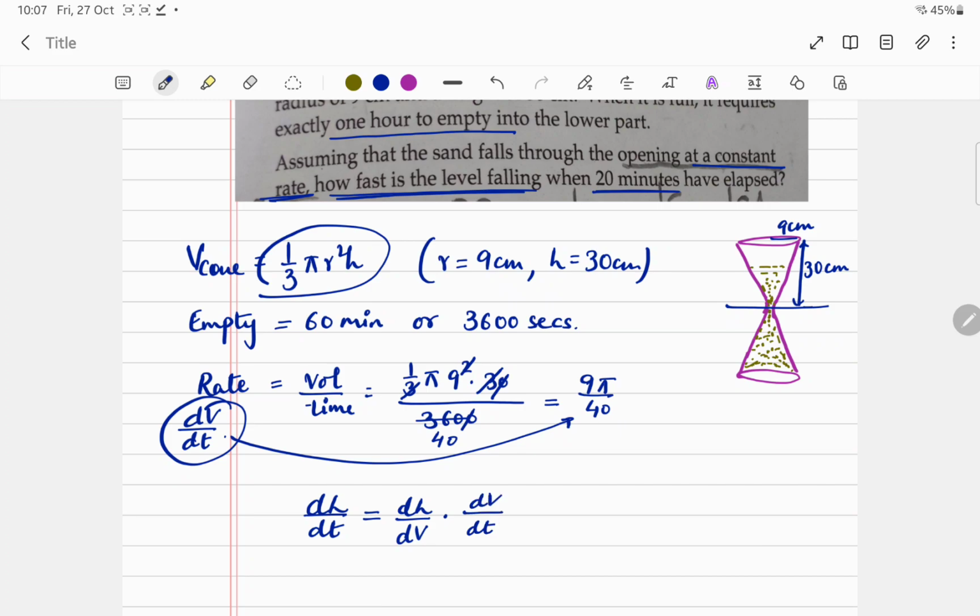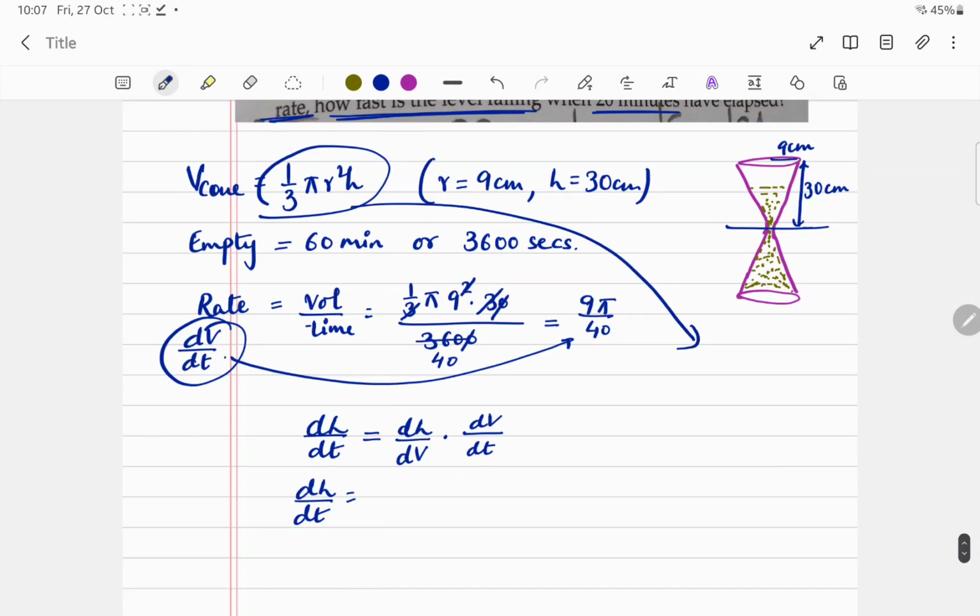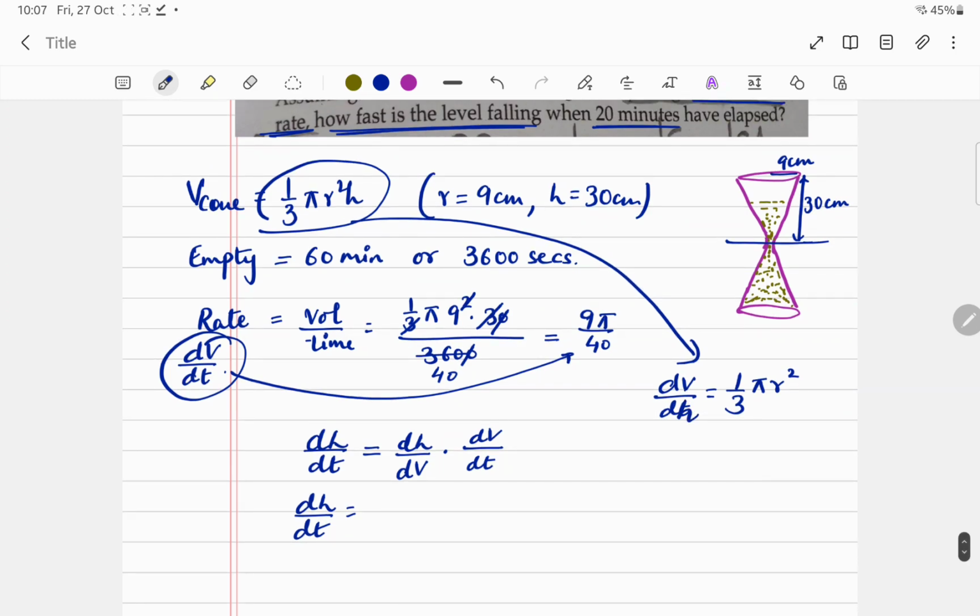Now let's differentiate this. dV over dh is 1/3 pi r squared, because differentiating with respect to h gives 1. So dh over dV is equal to 3 over pi r squared.